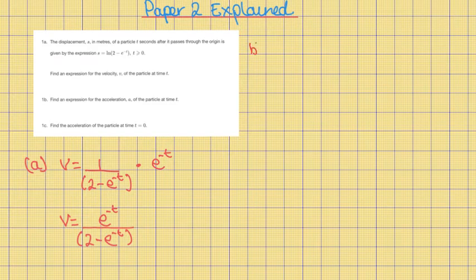Well, the acceleration is equal to the differential of v, which is dv over dt, but because this is a quotient, we're going to let u equal e to the power of minus t and v equal 2 minus e to the power of minus t.